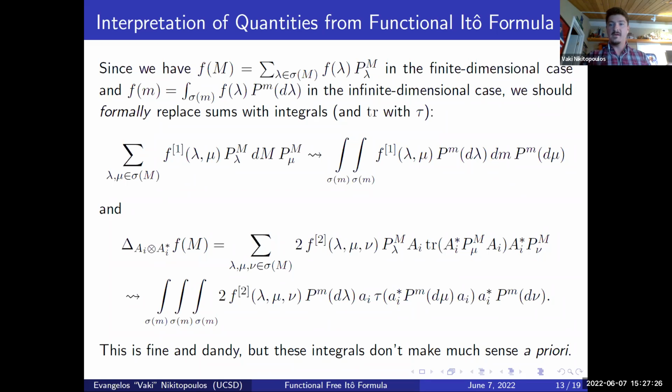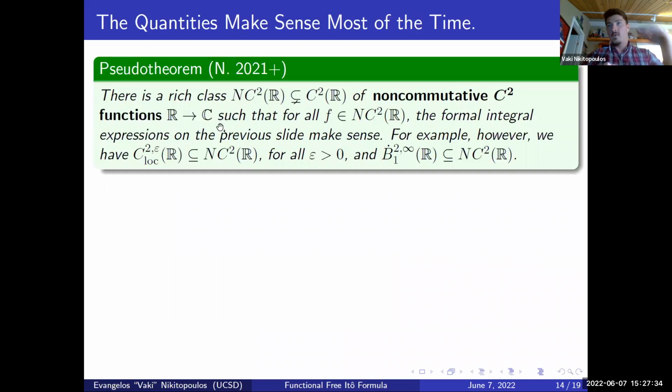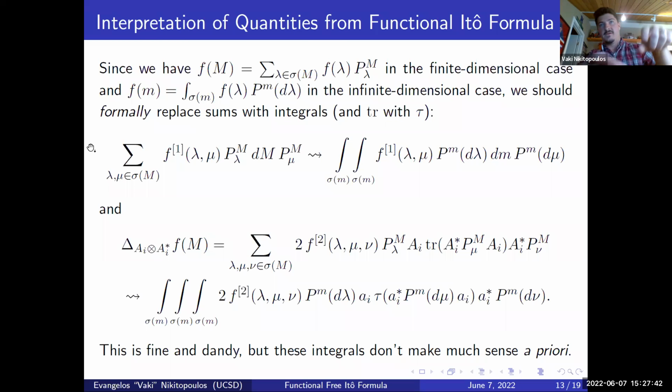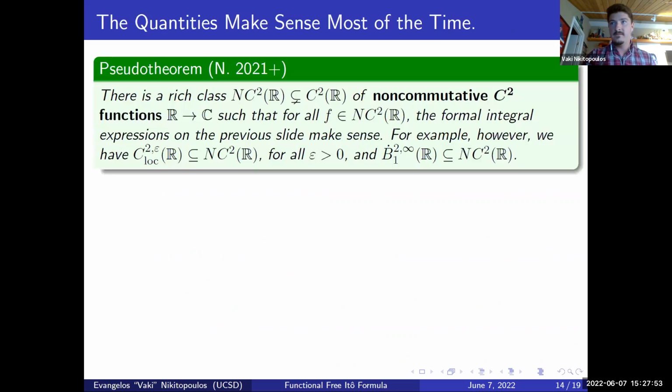I won't go into the rigorous definition of multiple operator integrals, but suffice it to say that these quantities that I just wrote down can be made sense of most of the time. So I'll state a little bit of a pseudo theorem about that. First, I'll recall that in the matrix case, f was a C² function. So what we're aiming for is making sense of these integrals for f as close to C² as possible.